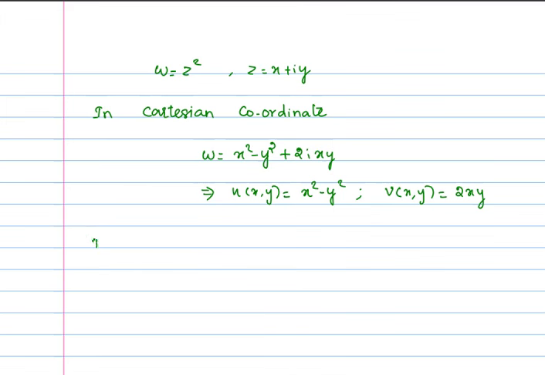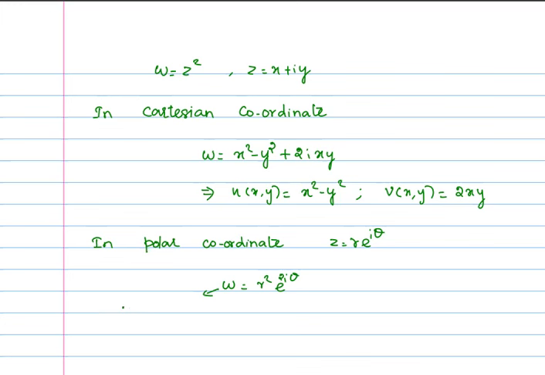In polar coordinates, Z is equal to R times e power I theta. So W equal to R square times e power I 2 theta will come.